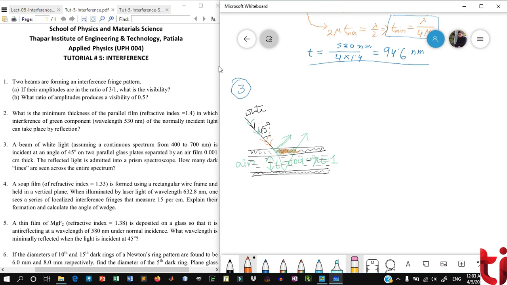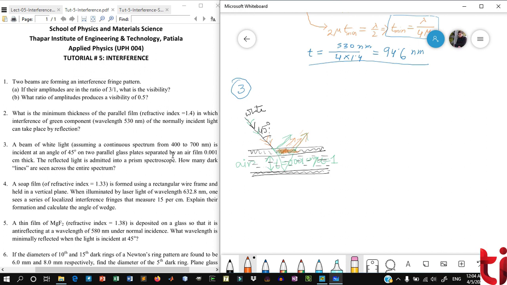All those lights which constructively interfere will come out of this surface, and all those lights which make destructive interference will not come out. So let's say there are only two wavelengths, and one wavelength makes destructive interference here, then that wavelength will be absent in this reflected light, and the other wavelength makes constructive interference, and that light would come out of this surface.